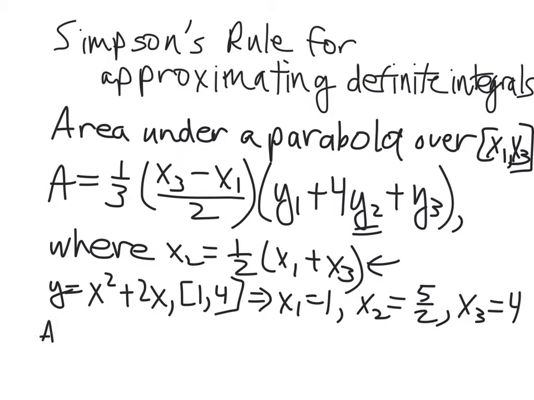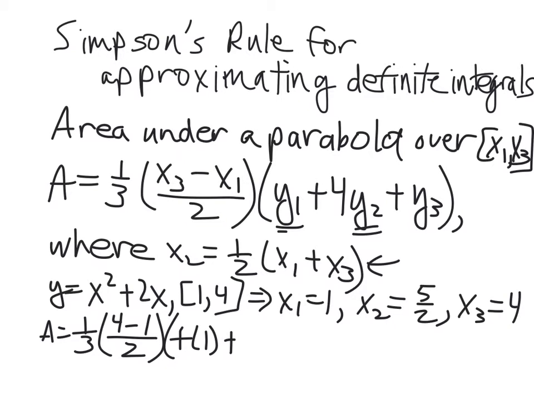So the area will be 1/3 times, well, x sub 3 minus x sub 1 over 2. And then the y values, that's your function values for these x's. Y sub 1 would be f of 1 plus 4 times f of 5 halves, and then plus f of 4.